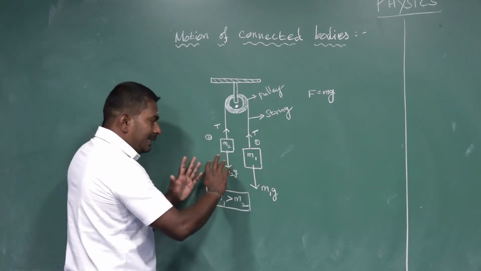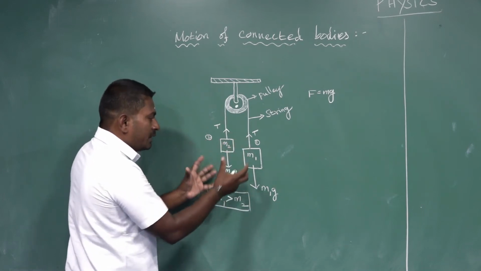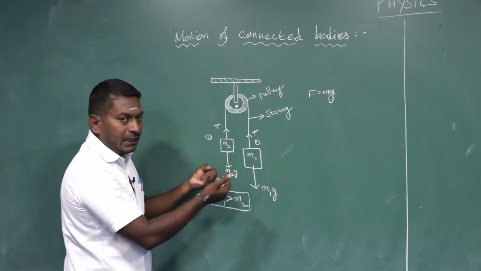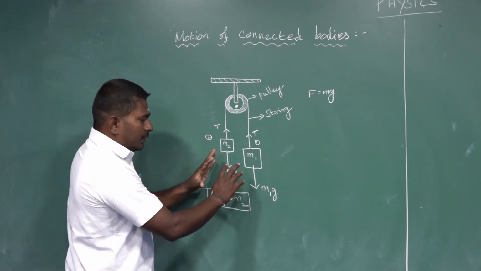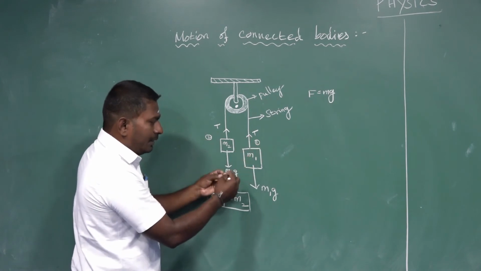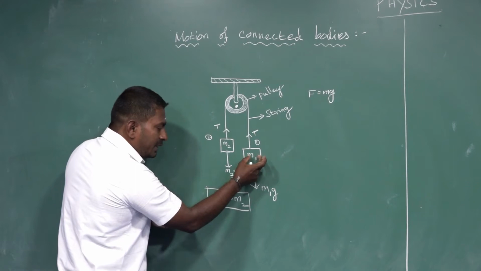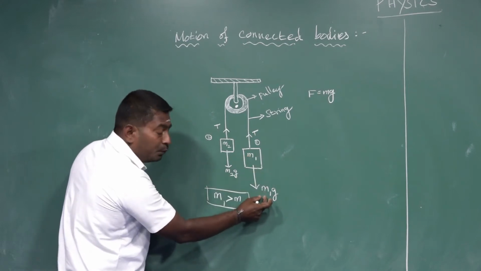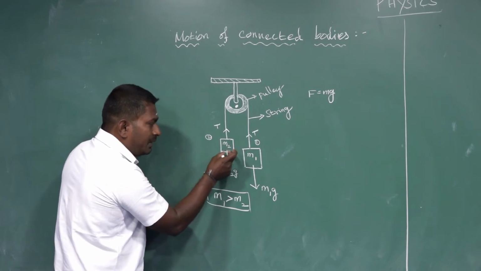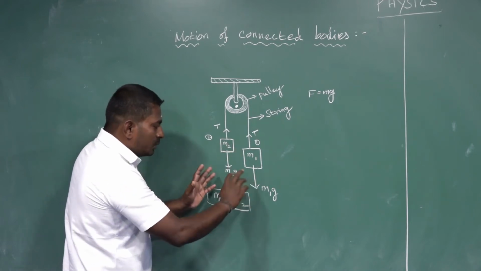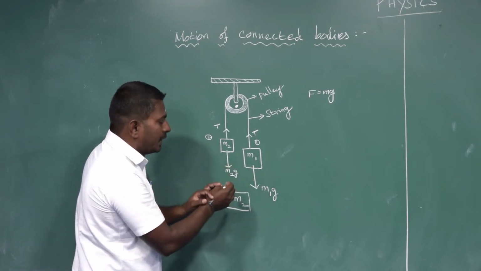Due to that difference in gravitational force, the whole system is set to accelerate with the same acceleration. After the system is released, the M1 block experiences greater gravitational force and the M2 block experiences lesser gravitational force. Due to the difference in forces, the whole system is set into acceleration.